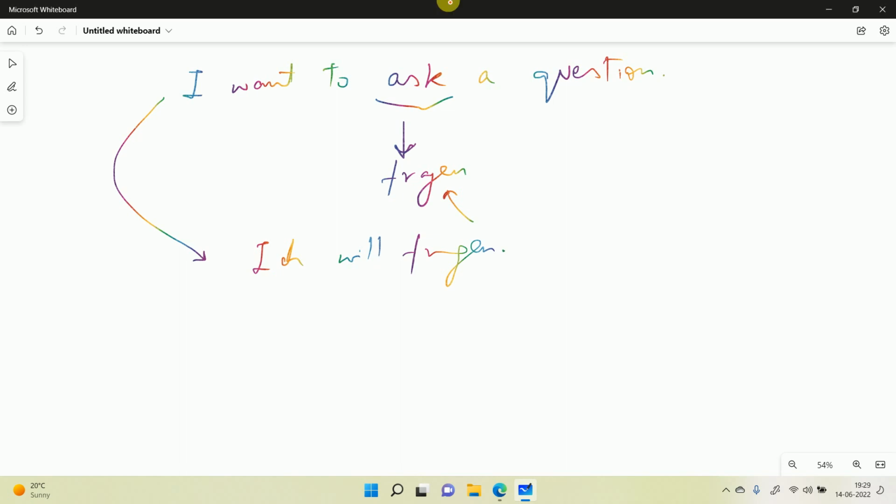However, this is grammatically right, but in spoken German, when you are in a community or in a society with Germans and you are speaking, you would rather use a different form of sentence, and it will become Ich will Frage stellen. So we don't write it as fragen, or I mean, I want to ask a question will become I wish to put a question, right? I want to put a question, for example.